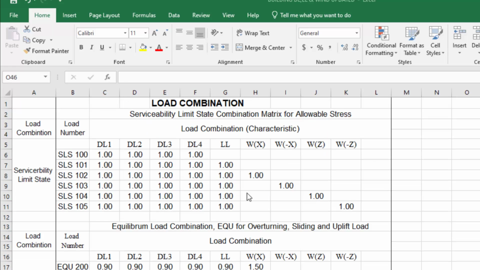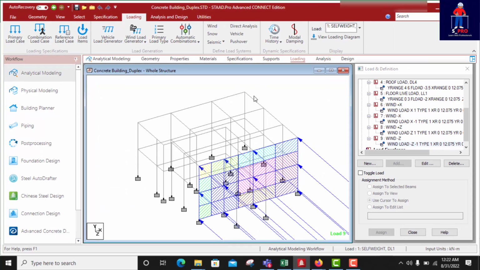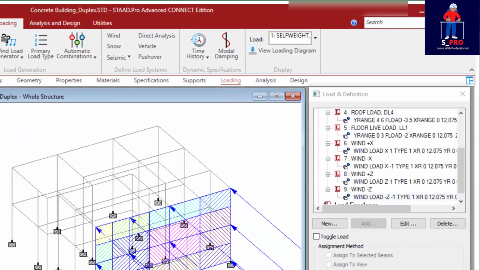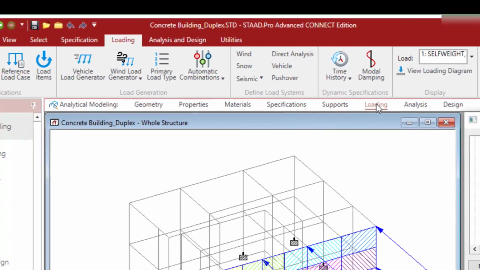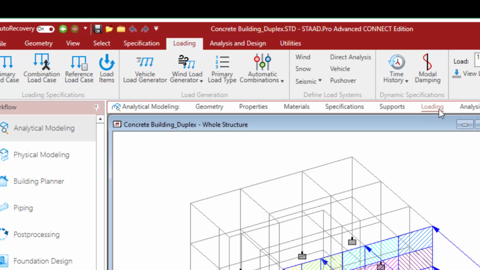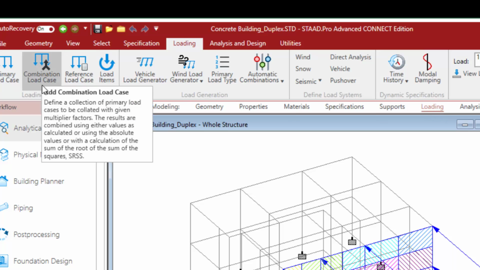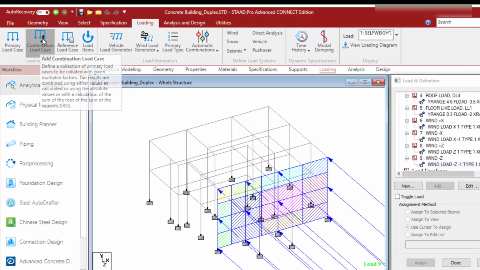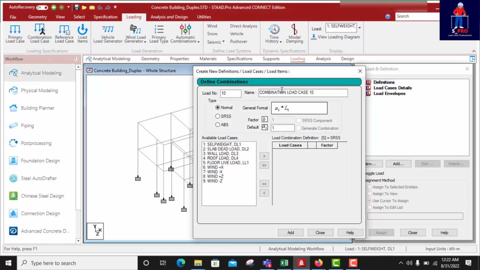Good. So let's go back to Staad.Pro. For our load combination, we are already on load. You can see my cursor. Then you click on load combination load case.